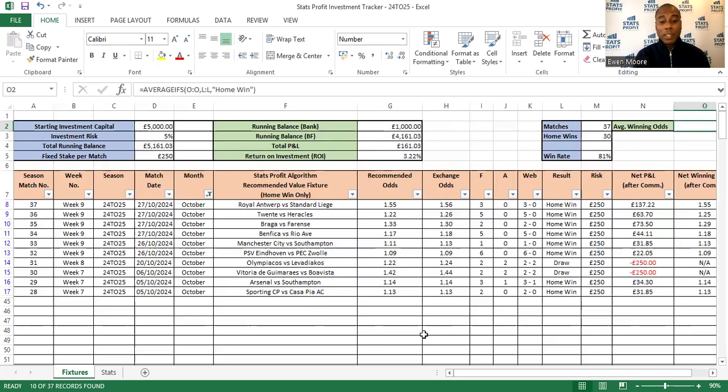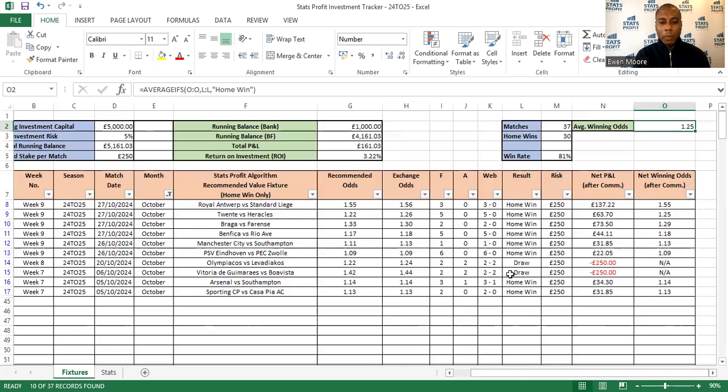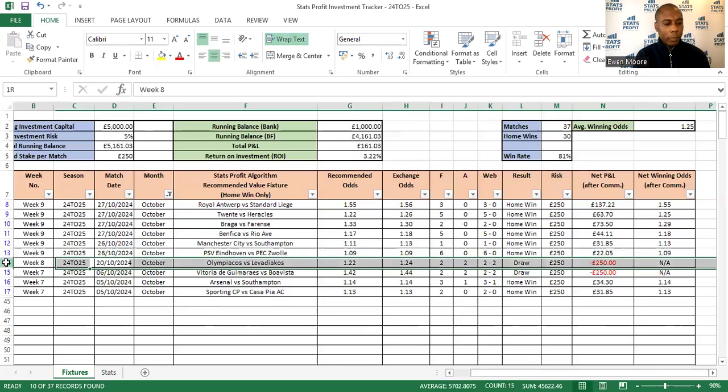What was actually interesting, though, in this particular month, if I scroll along, the month was going pretty poorly, to be honest with you. I had 2 matches here. If I highlight them, just so we know who we're talking about: Olympiacos and Vitoria in the Portuguese League.